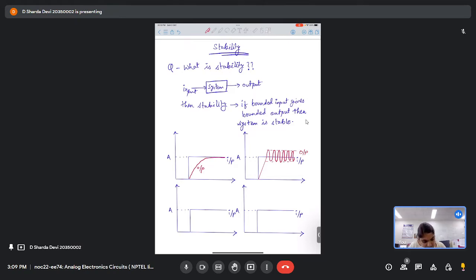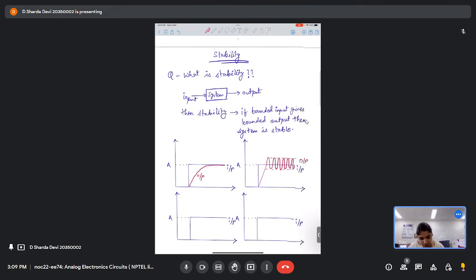What else is possible? Your output slowly rises and then it starts oscillating, but slowly it degrades, and at infinity it will attain your input. This is another possibility that we have. And what else is possible?